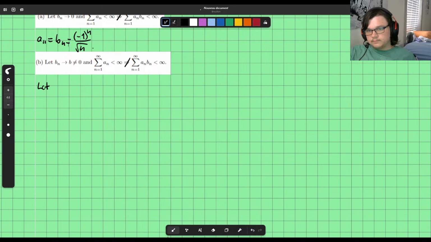Let's say this, let the limit as n goes to infinity of a sub n.